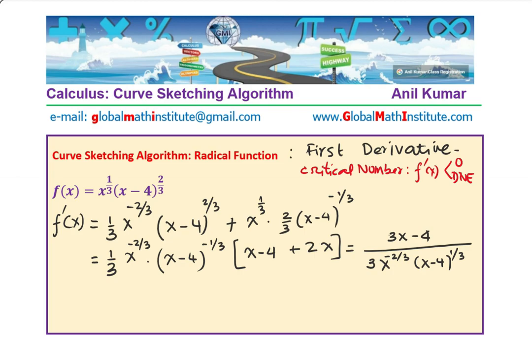So in this case, the critical number is at x equals 4/3, where the numerator is 0, and the denominator is 0 for x equals 0 and 4.